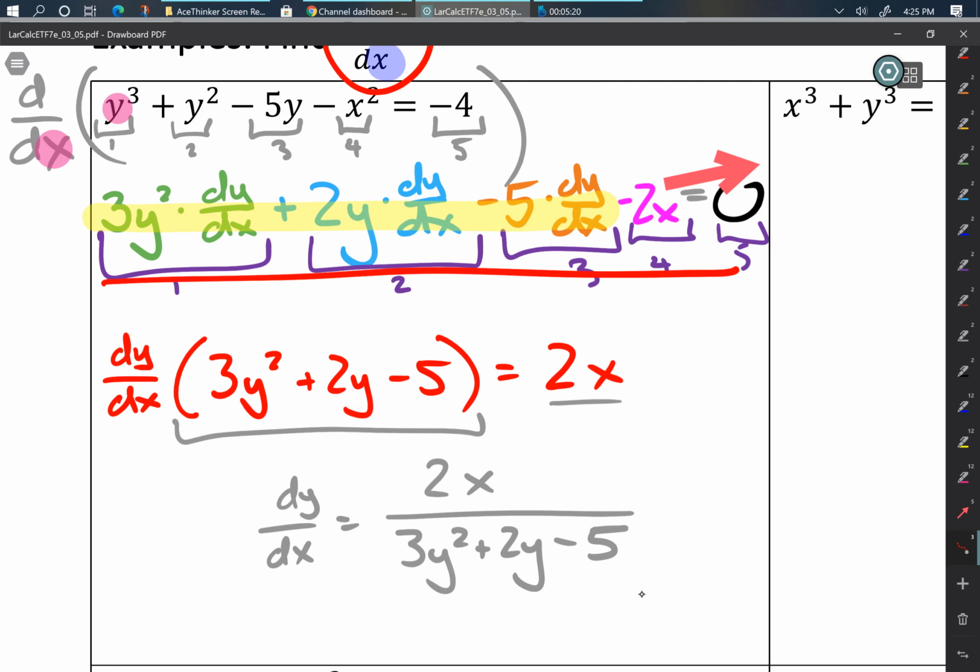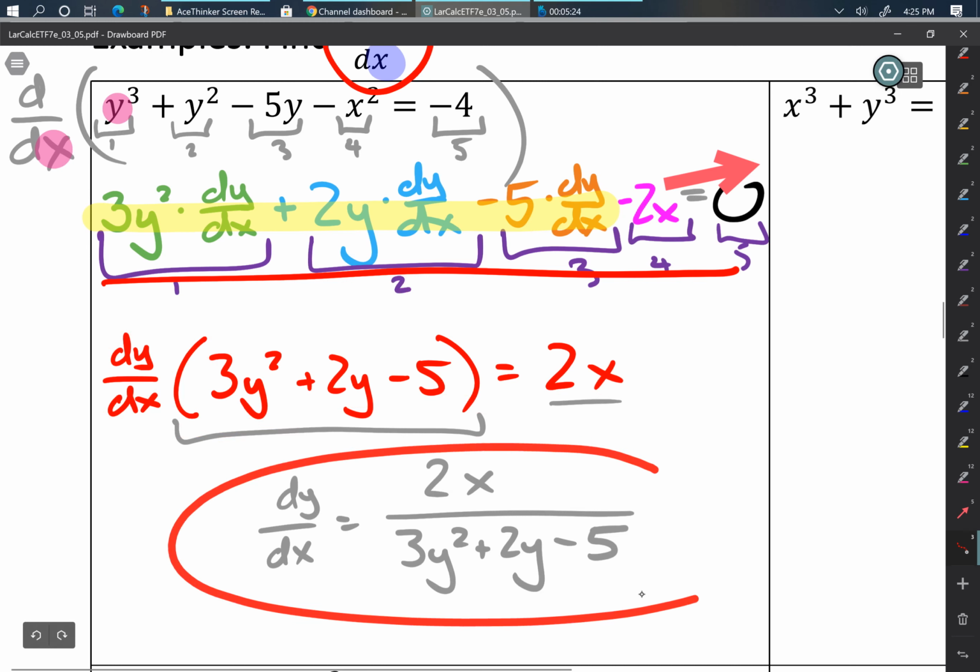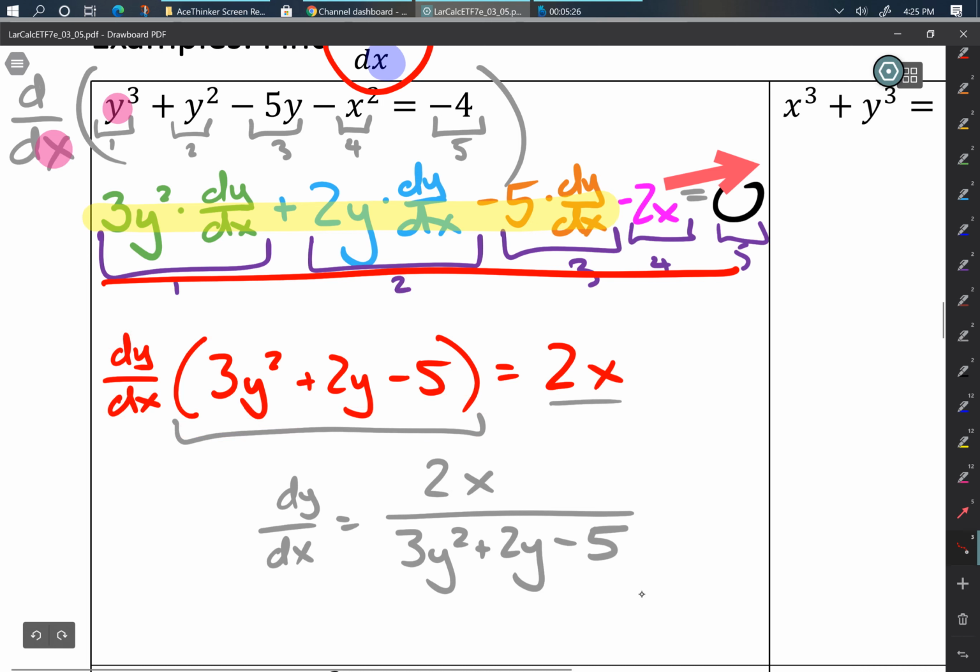When I factor and then divide, this step right here will almost always, and I don't like to talk in absolutes, but I would have to work really hard to write an equation that, when you got to that step, you didn't end up with a fraction. Now, there is the potential that it could simplify through algebra and end up not being a fraction, but it's going to have a fraction.